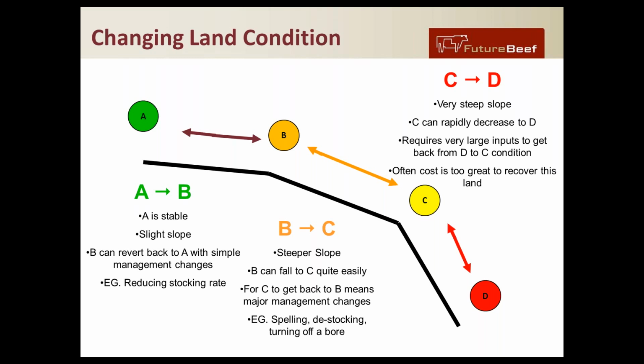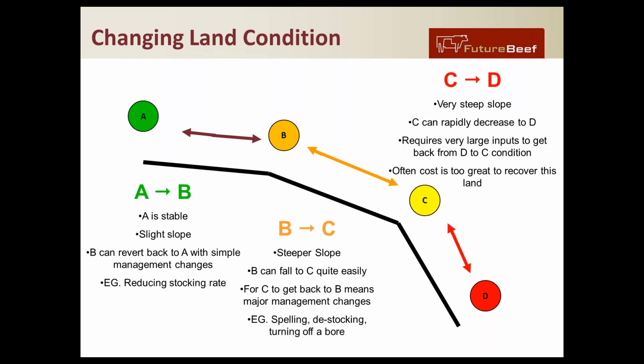So removing the cattle prior to the wet season and making sure that they are not reintroduced before the plants have had a chance to set seed. That may be all that's required to reinvigorate an area from B land condition to A land condition.